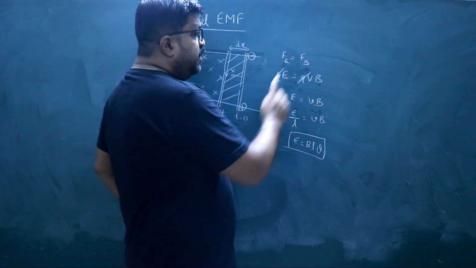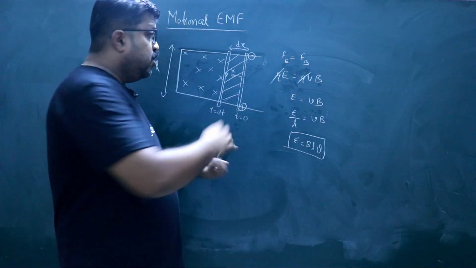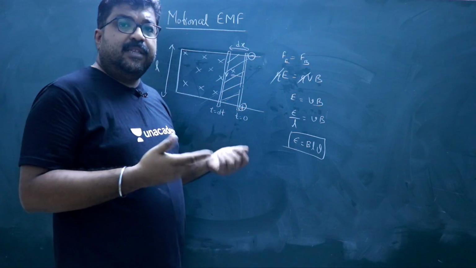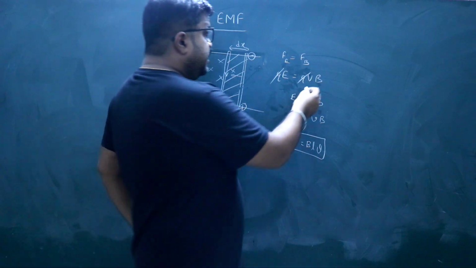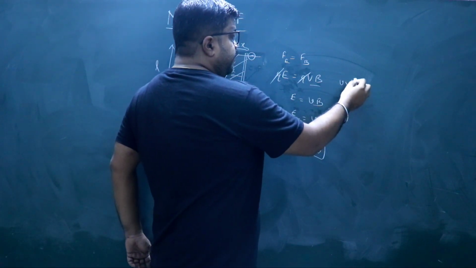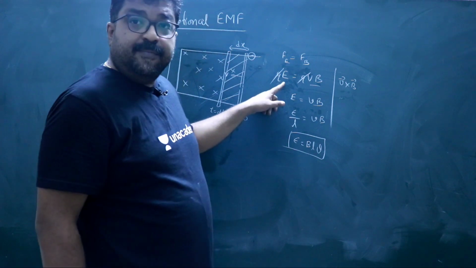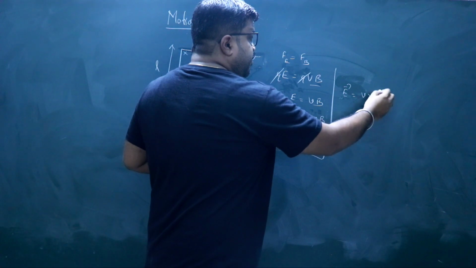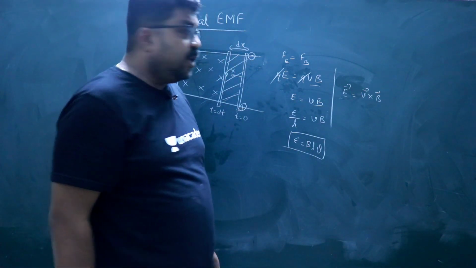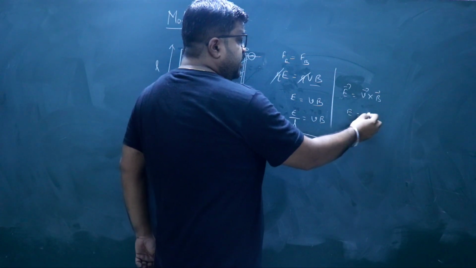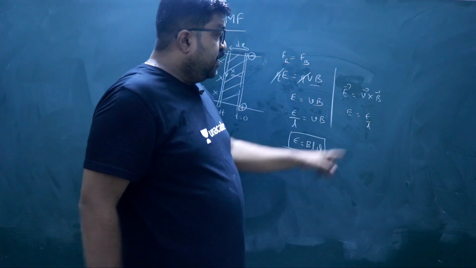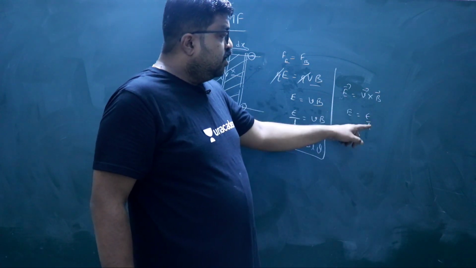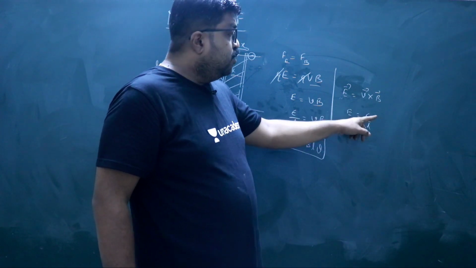So this is another approach to the same concept. Now here one thing is to be seen. In this case, V is in the plane and B is perpendicular to the plane, so V and B are mutually perpendicular, but in some cases they may not be perpendicular. In that case, this expression will be V cross B. This is the electric field, so we have electric field equal to V cross B. Now this is equal to EMF by L. L is a vector quantity, and when you equate these two, this vector quantity will be multiplied by this vector quantity to get a scalar quantity.